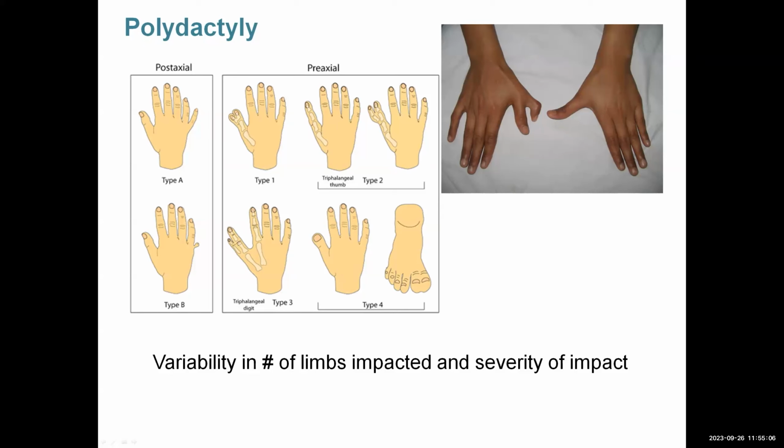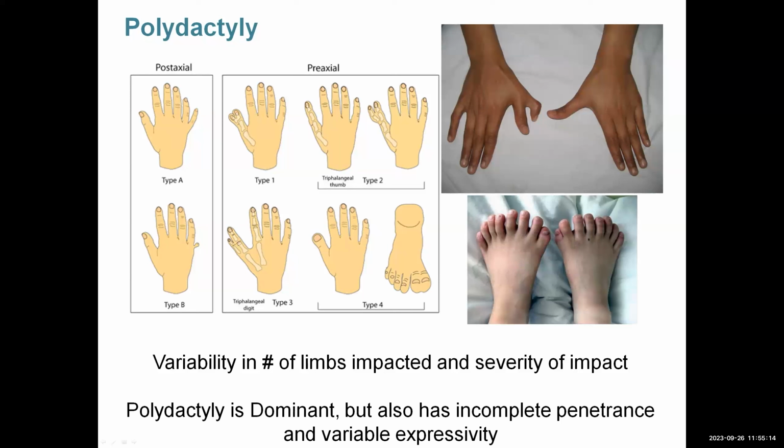In fact, some individuals that carry this trait don't have any extra fingers or toes at all. So this is an example of a trait that is dominant, but also has incomplete penetrance in that some individuals are not affected, and variable expressivity, in that which limbs are affected and how affected they are is also variable.